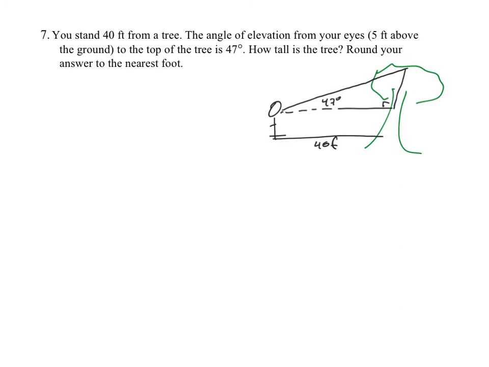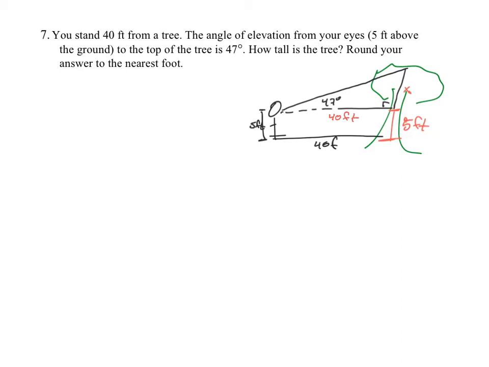Right? So this side right here is 5. I want to find this space right here, because I know that from the ground to that point right here is 5 feet. So I have 47. This is the opposite over the adjacent, right? Because this one is also 40.